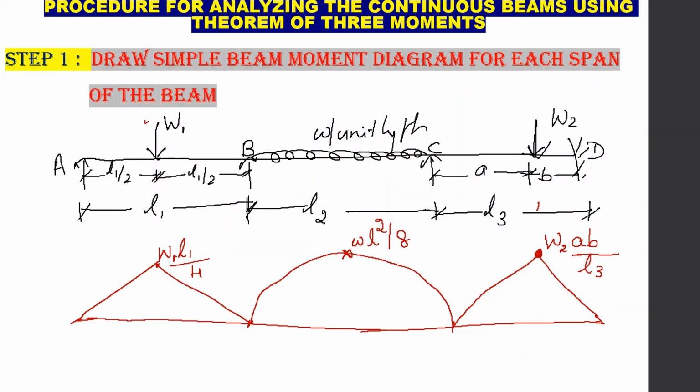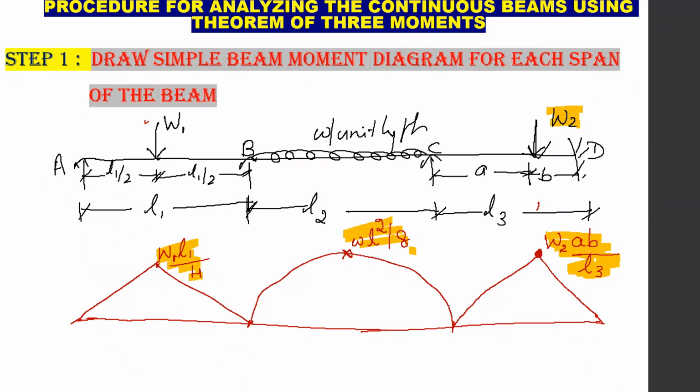For a uniformly distributed load, the value is WL square by 8, and for a concentrated load at some place away from the center, it is WAB by L. So we have to remember these things. This is our first step.